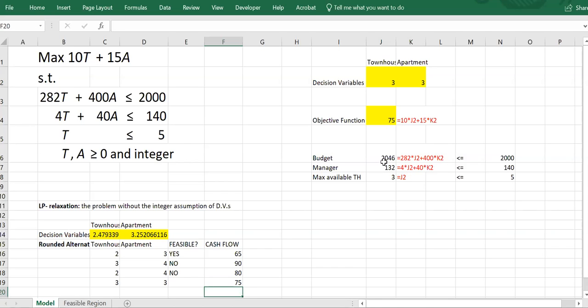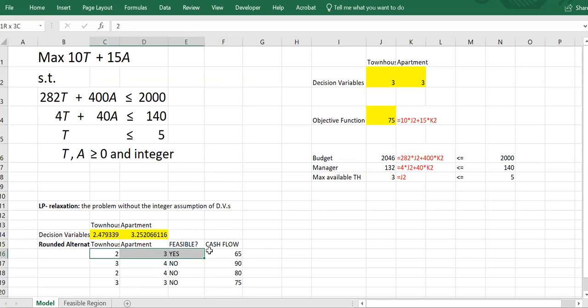And then again, it is not feasible. As you can see, the budget constraint is not satisfied. So we're spending more than what we had available. So none of these last three are feasible.